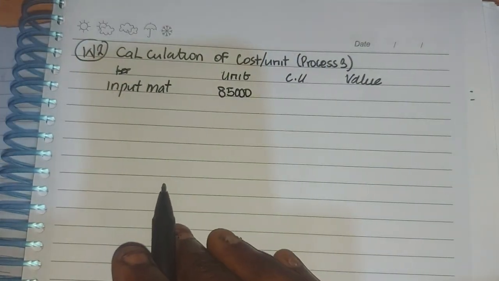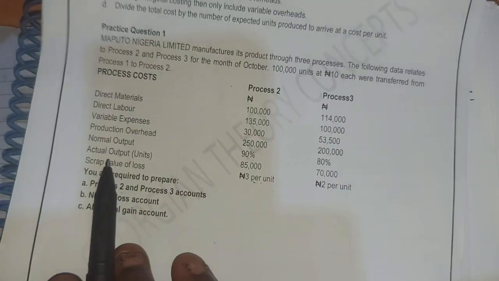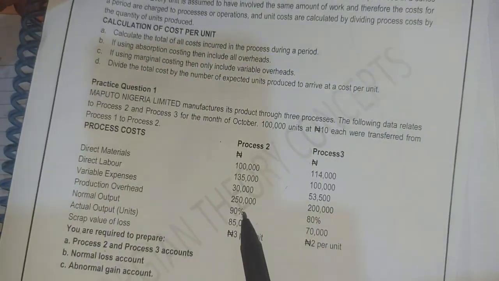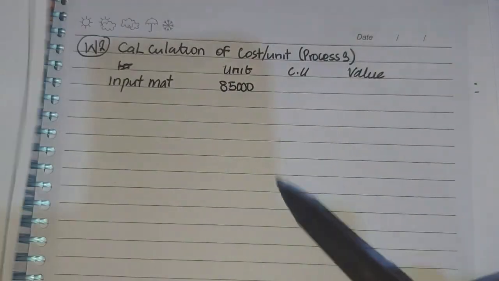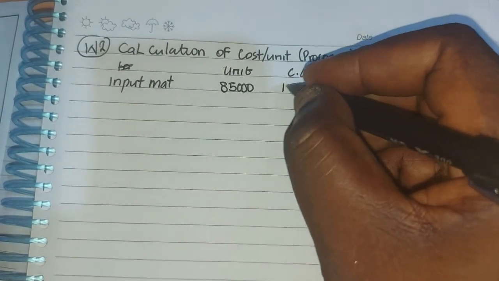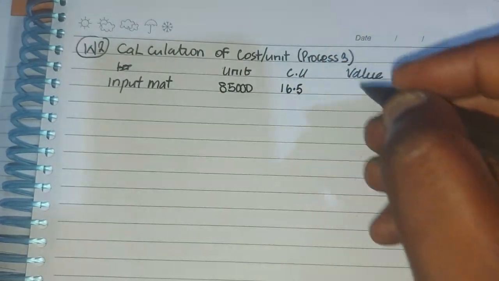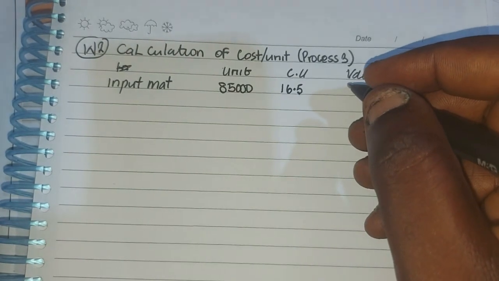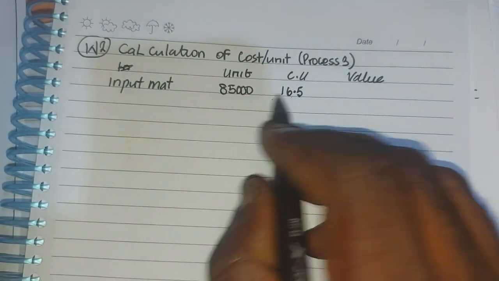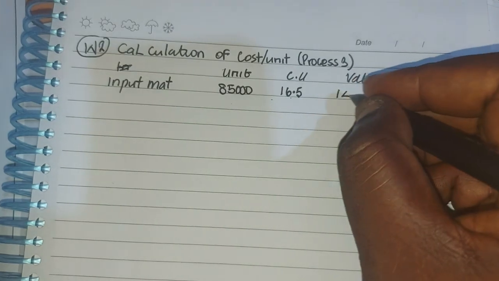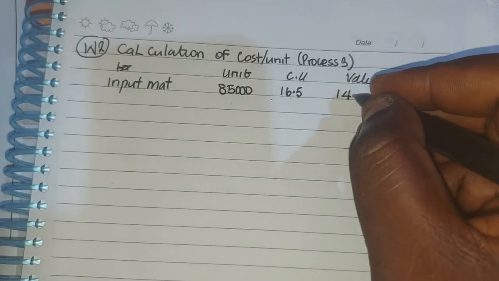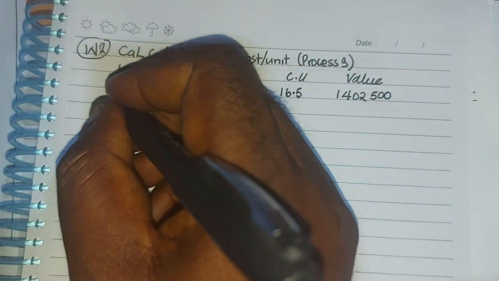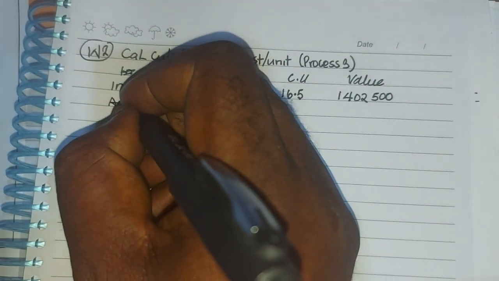You bring the actual units of process 2, then you take it to process 3. Then this is valued at 16 naira 50 kobo, and the total value when you multiply is 1,402,500.